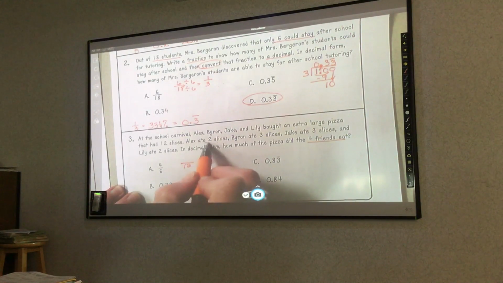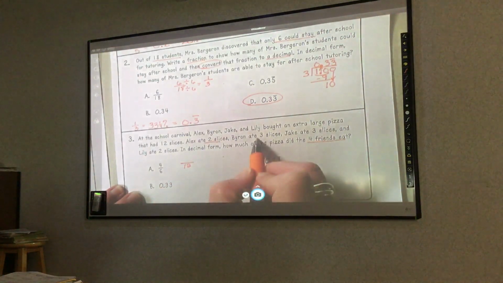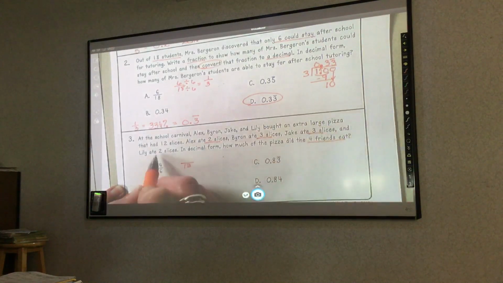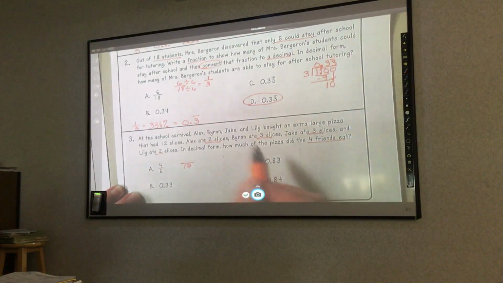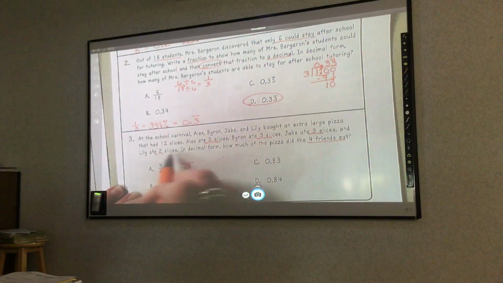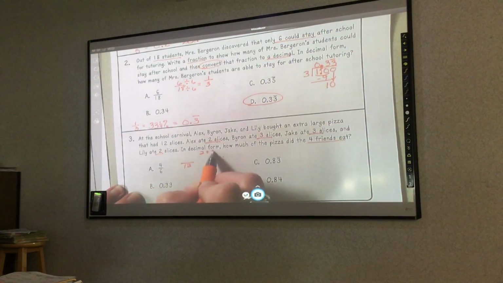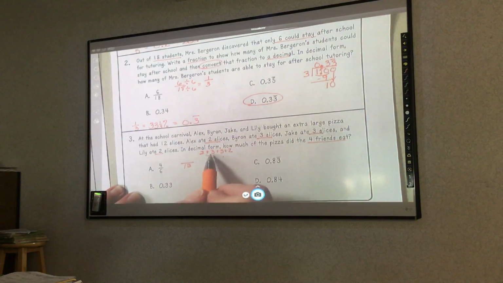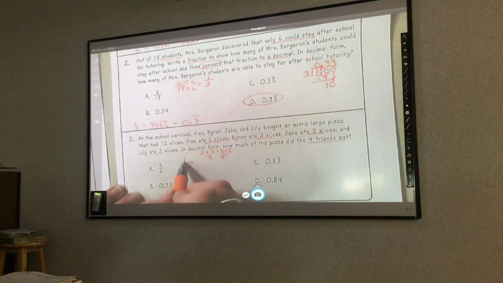Alex ate 2, Byron ate 3, Jake ate 3, and Lily ate 2. What am I gonna do to those numbers? Add them. So it's 2 plus 3 plus 3 plus 2. 2 plus 3 is 5, 3 plus 2 is 5, so I've got 10 twelfths.